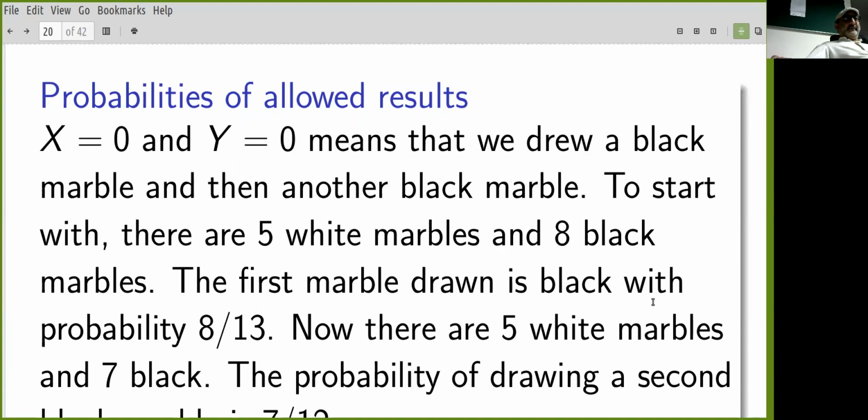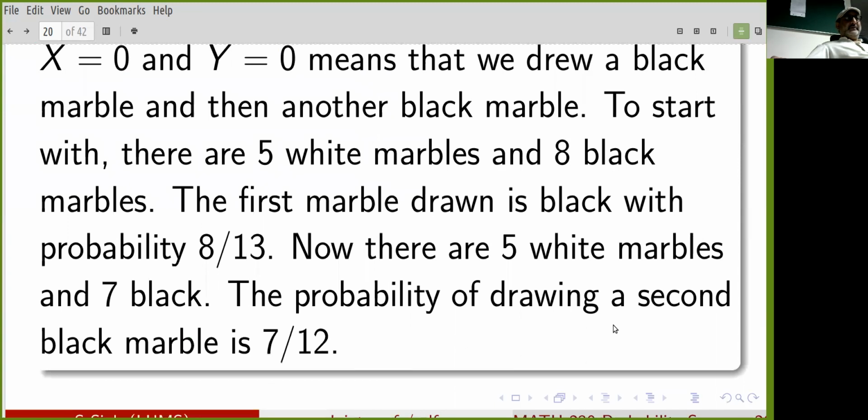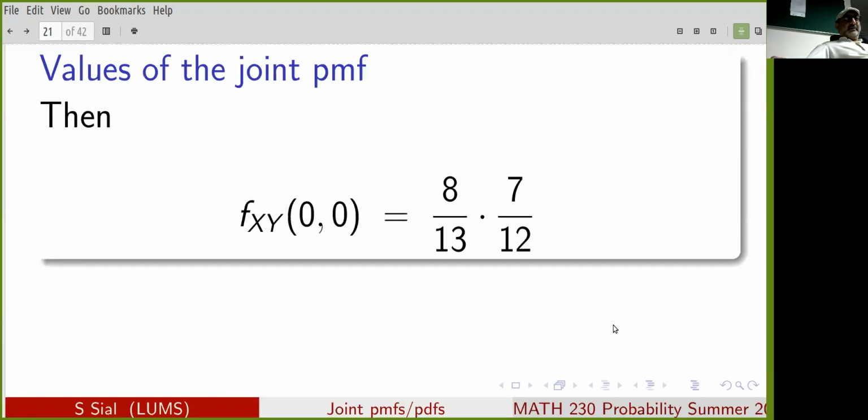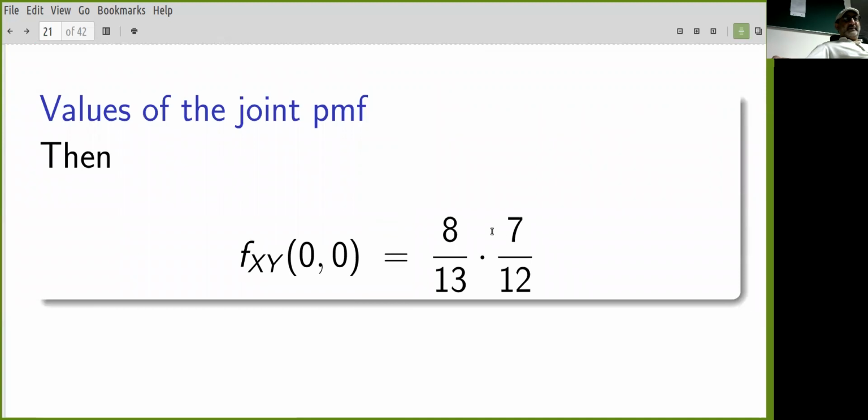The probability that the first one is black is 8 out of 13. Now you've got 12 left, 5 white and 7 black. Probability of drawing a second black marble is 7 out of 12. So f sub xy of 0,0 equals 8/13 times 7/12.